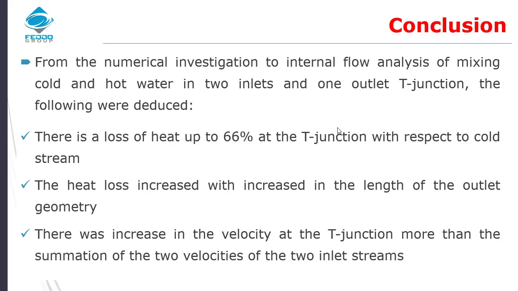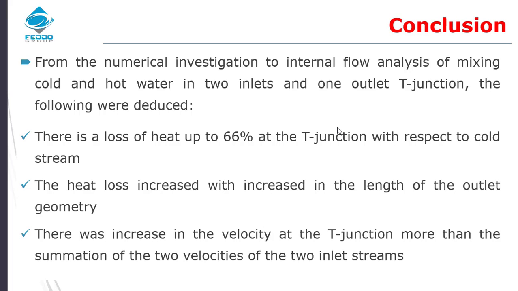In conclusion, from the numerical investigation of the internal flow analysis of mixing cold and hot water in a two-inlet and one-outlet T junction, the following were deduced. There is a loss of heat of up to 66% at the T junction with respect to the cold stream, while the heat loss increased with the length of the outlet geometry.